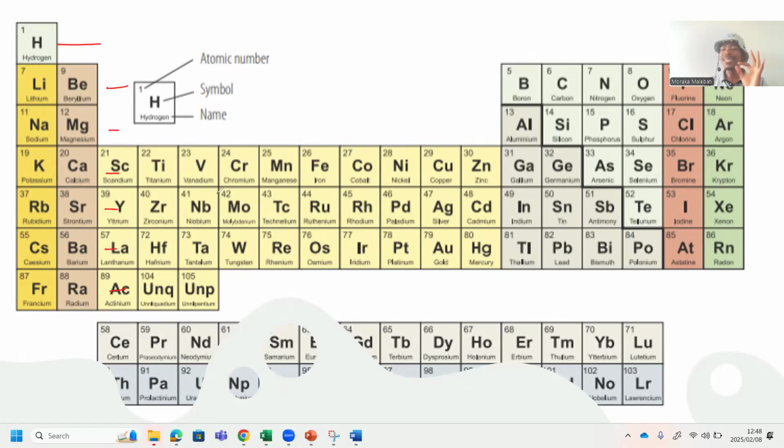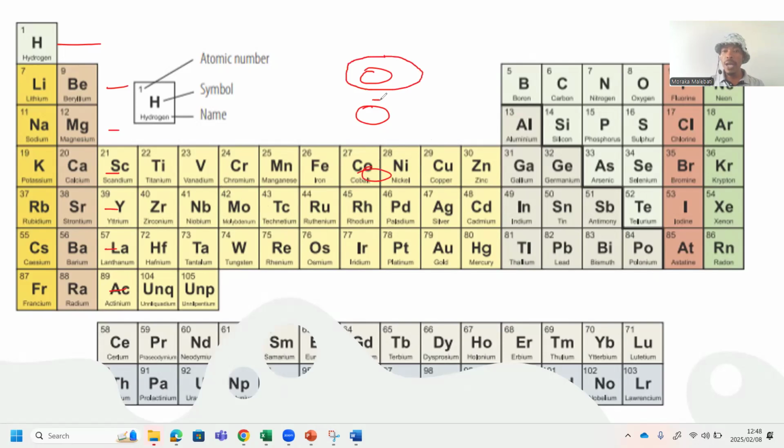Then we've got 7 of them, and each row corresponds to the addition of an electron shell around the atom. So if this is the nucleus, for row 1 you'll have only one shell.